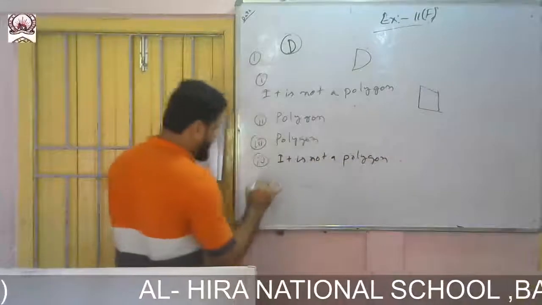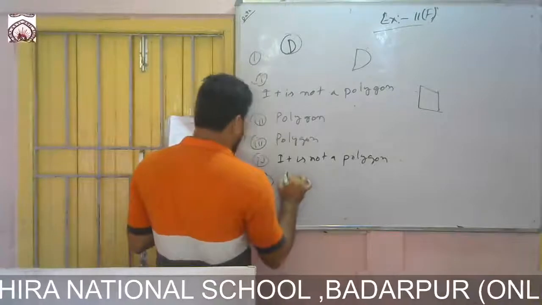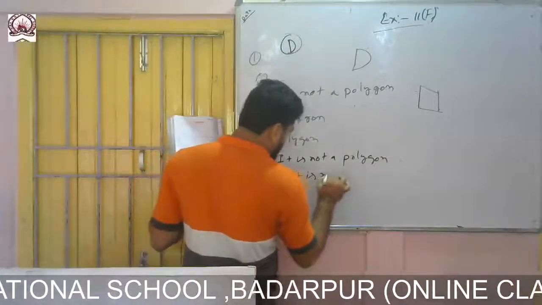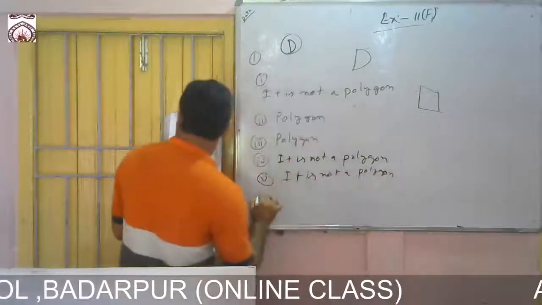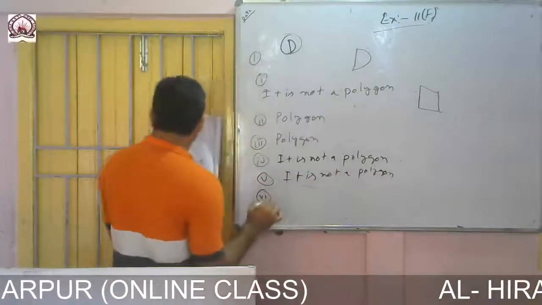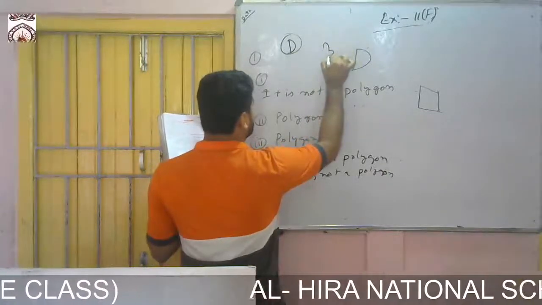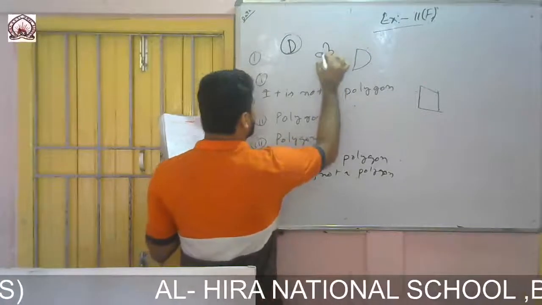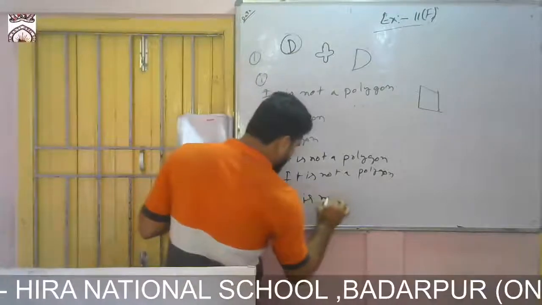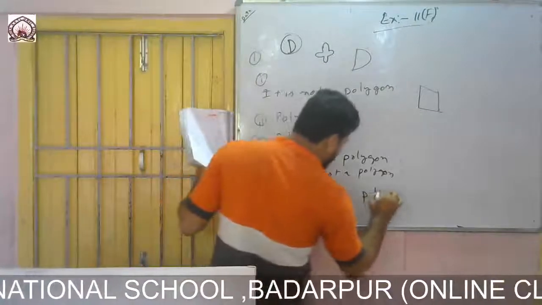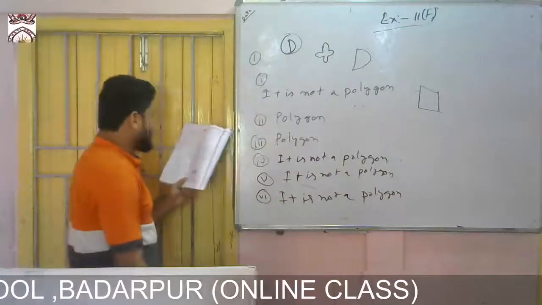Number 5, it is a circle, so it is not a polygon. Number 6, it is like this. It is not a polygon because a curve is there. So you write nicely, okay.